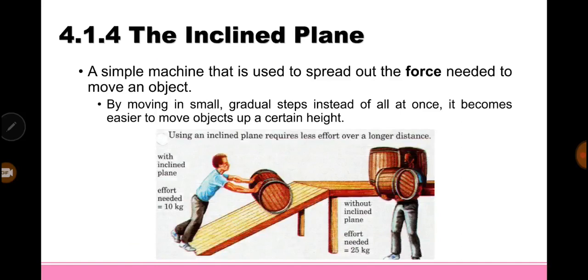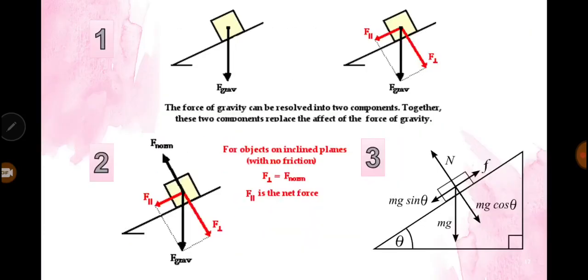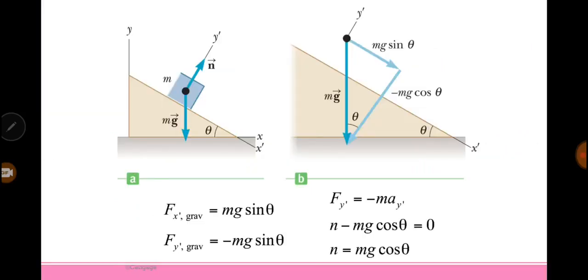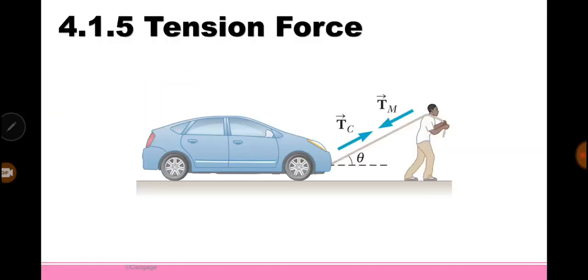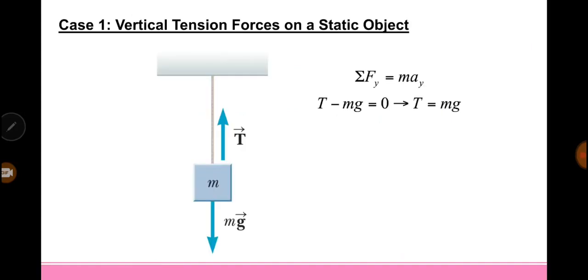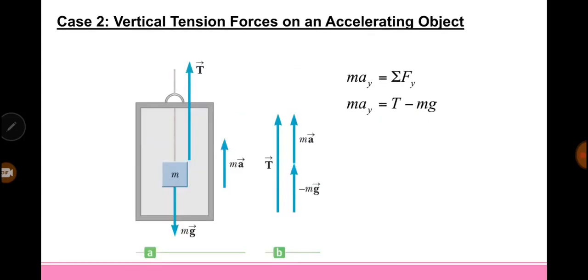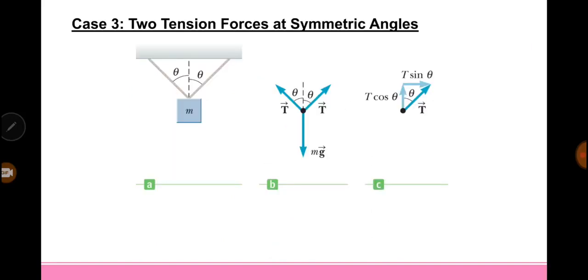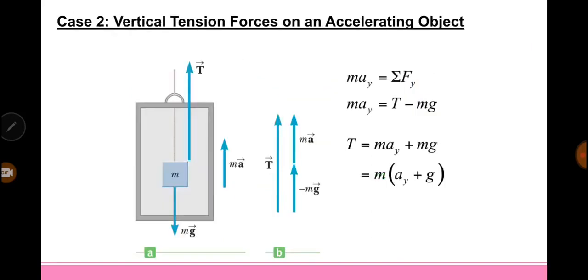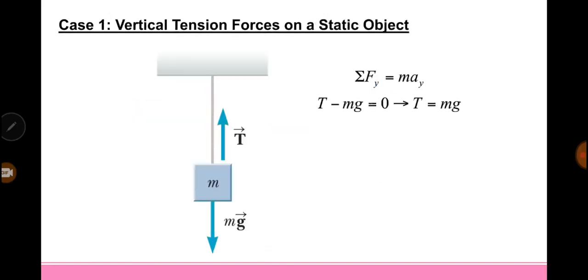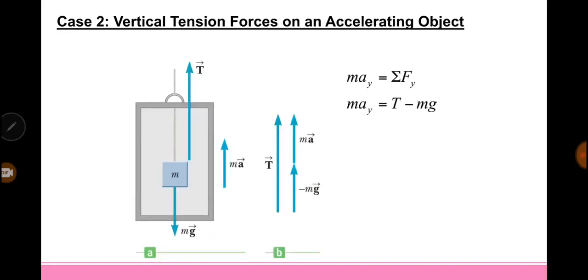Next, in the subtopics such as inclined plane and tension force, this is the inclined plane. This is tension force. You will also learn ways to calculate net force for every situation given. For example, this is a situation of a case. Refer to tension force. We have a vertical tension force on an accelerating object.